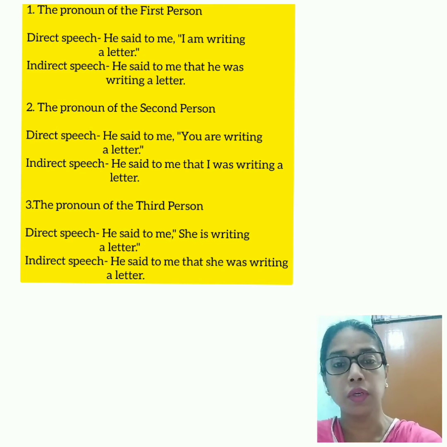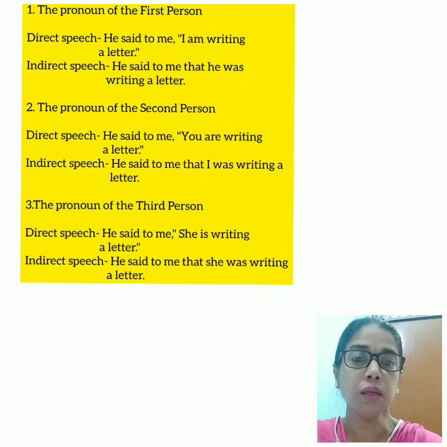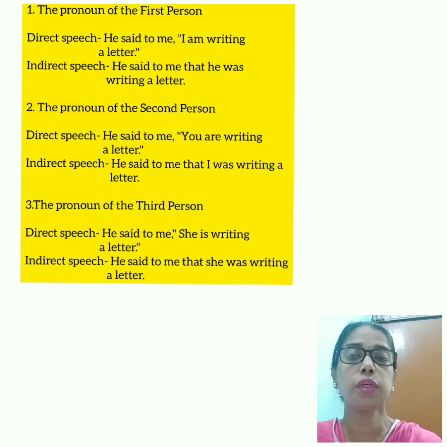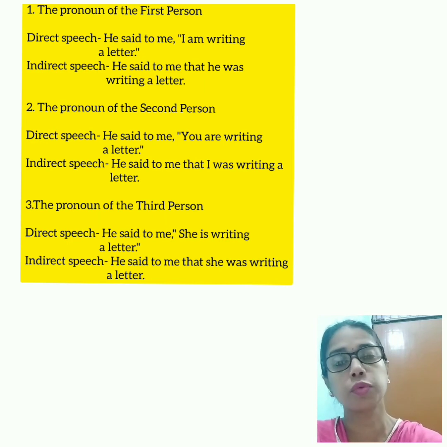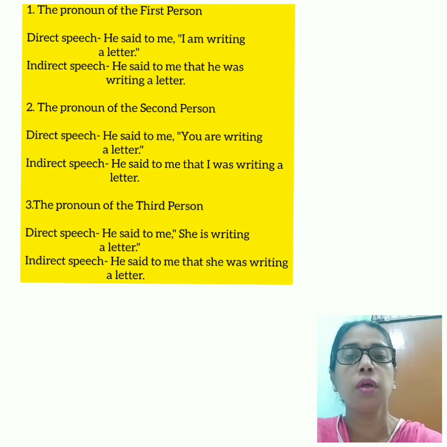So your sentence in the indirect speech will be, he said to me that she was writing a letter. So here you see that she remains the same. No change has been done. So the pronoun of the third person remains the same.